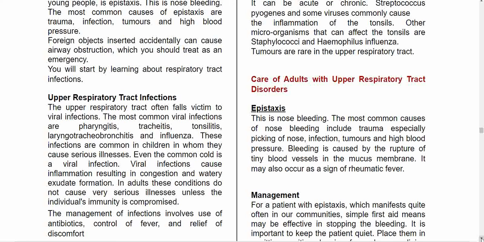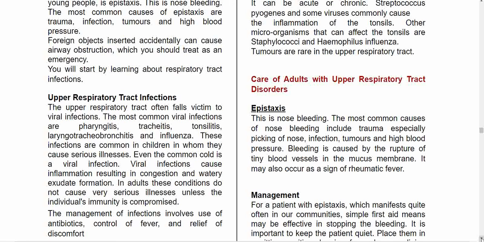All these are mainly caused by viral infections. Viral infections cause inflammation, resulting in congestion and watery exudate formation, and in adults these conditions do not cause very serious illness unless the individual's immunity is compromised.